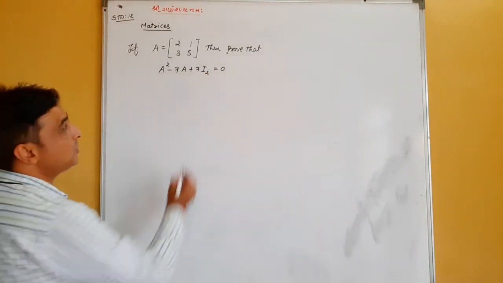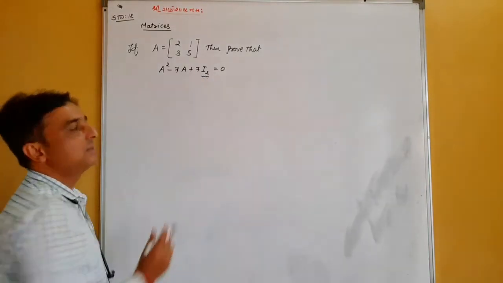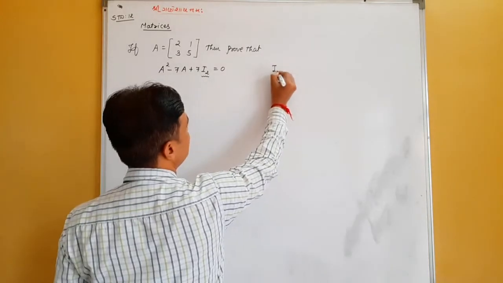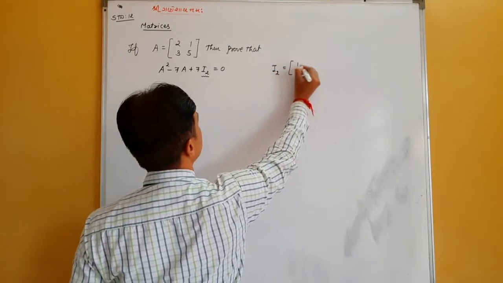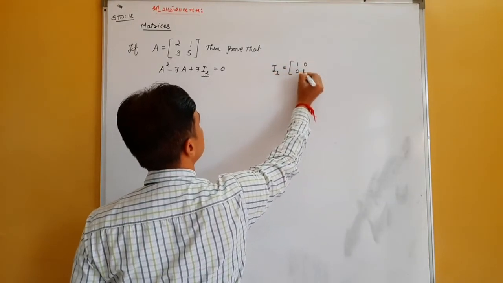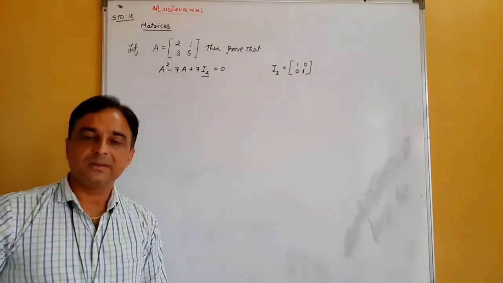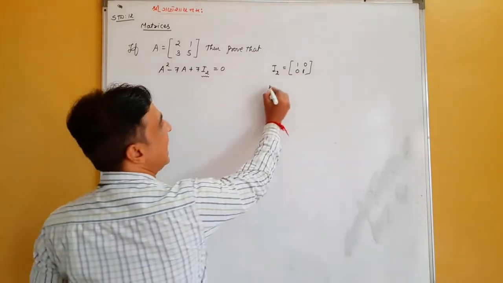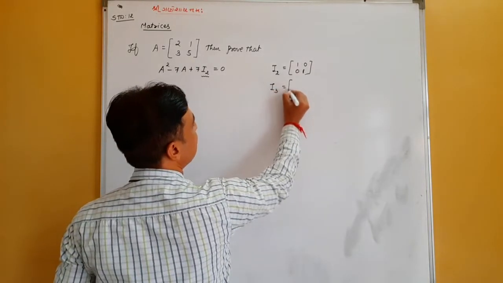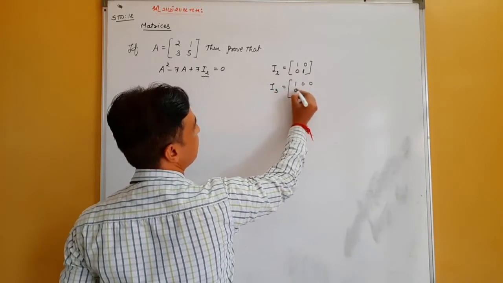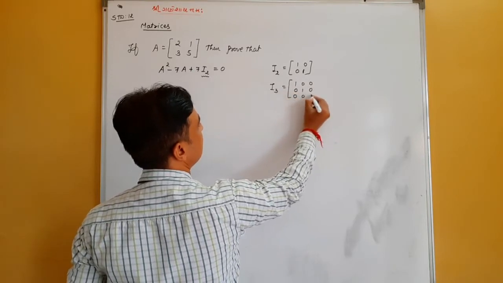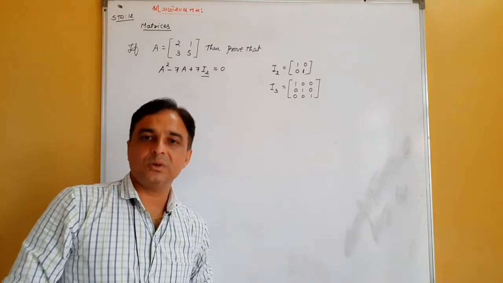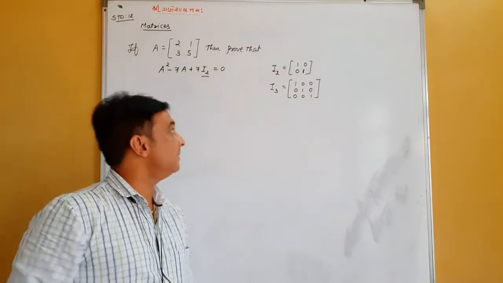I2 means the identity matrix, 1 0 0 1. I2 means the 2 by 2 unit matrix, 1 0 0 1. This is called the identity matrix and it is denoted by I2. Similarly, I3 means the 3 cross 3 unit matrix. I3 is 1 0 0, 0 1 0, 0 0 1.